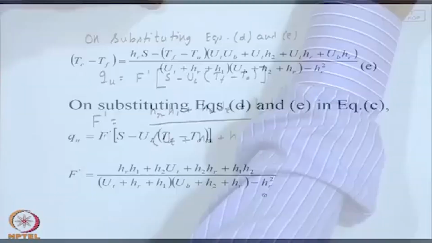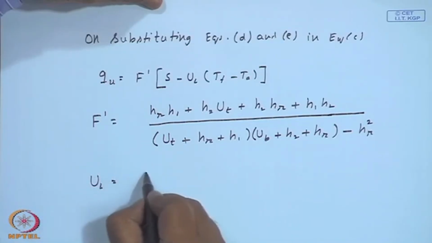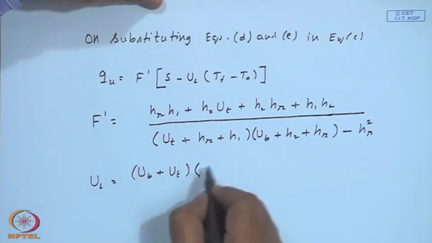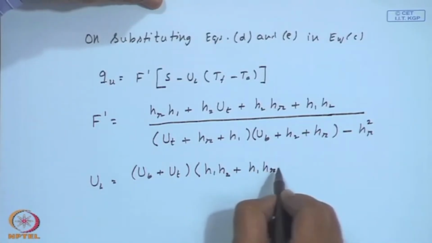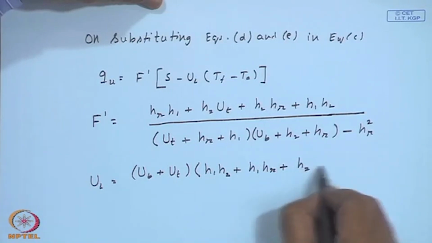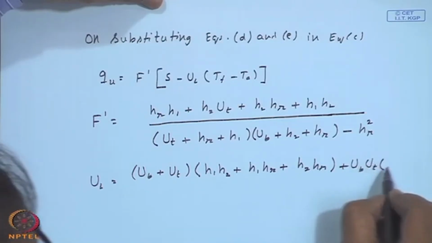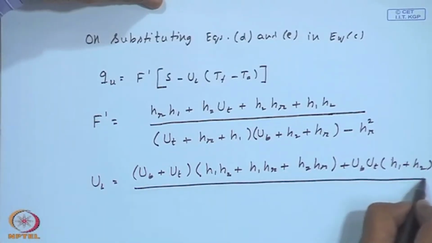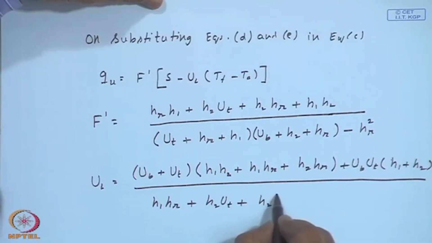And the overall loss coefficient Ul is another big equation: [(Ub plus Ut) times (H1 H2 plus H1 Hr plus H2 Hr) plus Ub Ut times (H1 plus H2)] by [H1 Hr plus H2 Ut plus H2 Hr plus H1 H2].